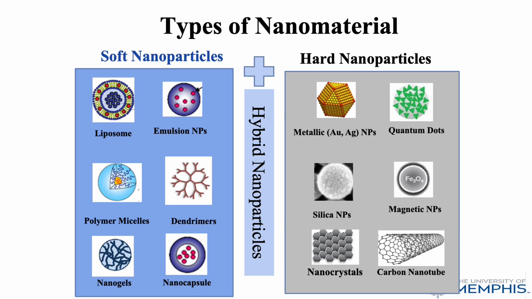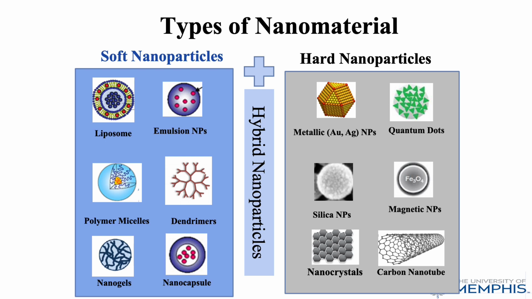Here are some examples of types of nanomaterial. On the left side, we call it soft nanoparticle, and these examples include liposome. Liposome is just a layer of bilipid, and then you can have the drug or whatever molecule you want to deliver encapsulated inside the core of the liposome, or in the bilayer.